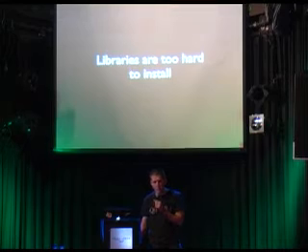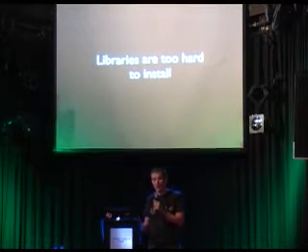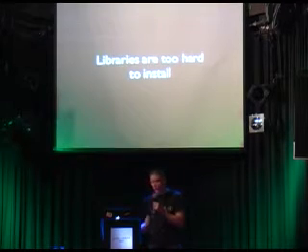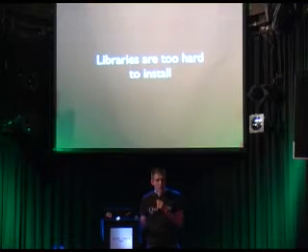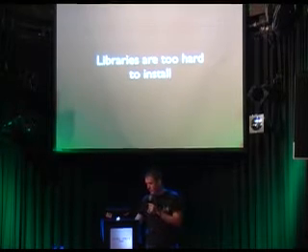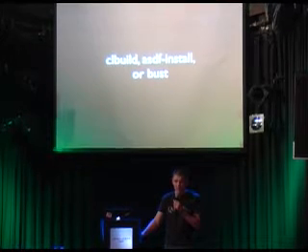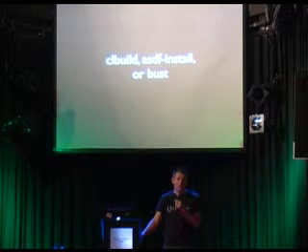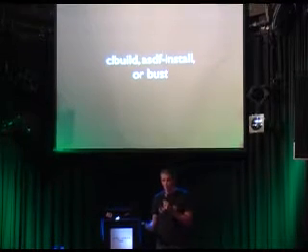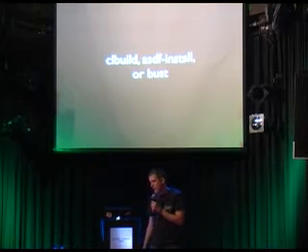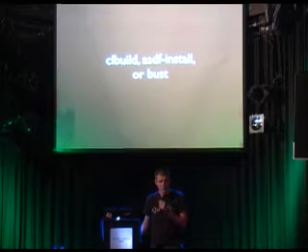I'd like to put Quicklisp in the context in which it was developed. It came out about a year ago, but before that there were a couple of different solutions that people used to try and get the libraries that they needed. I did a survey last year before releasing Quicklisp and asked people, what do you use to get libraries, to get a supportive environment for Common Lisp development? One of the interesting things I saw was that the majority of people who responded said they didn't use anything.